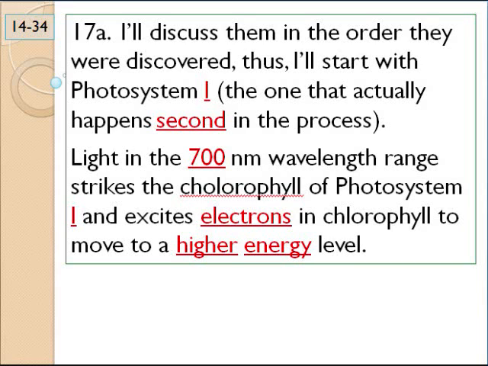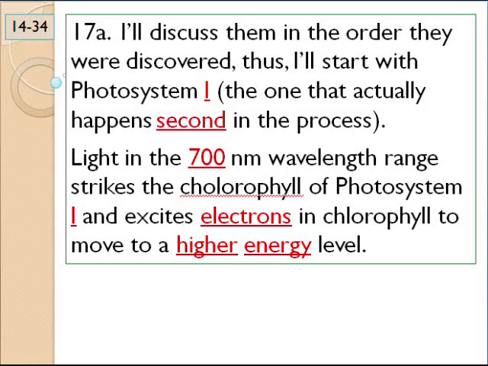So we're going to use the 700 to start the process with, okay? Now remember, Photosystem I is happening second in the light reactions. Okay? Alright. Light of the frequency of 700 strikes that chlorophyll.